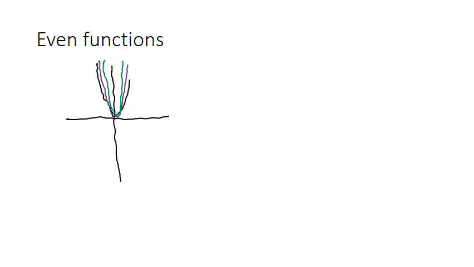And so if you notice, what they all have in common is that there's a mirror in the middle here, that this line right here, the y-axis, acts like a mirror. So what we can say for even functions is that they are symmetric with respect to the y-axis.